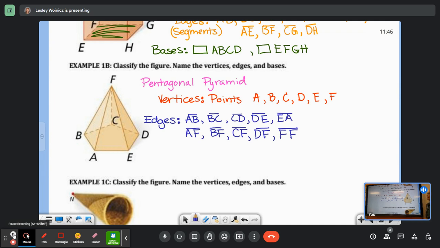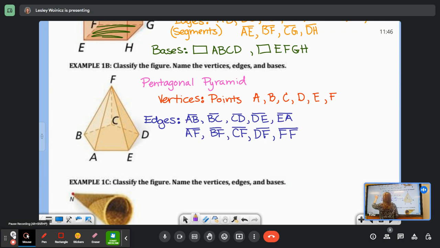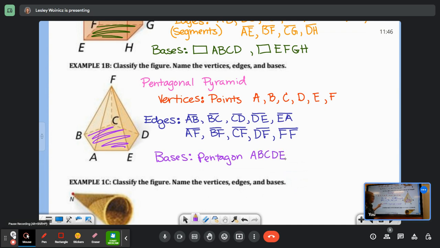All right, what about the bases? How many bases do we have? One. Okay, thank God. Okay, so our bases, we just have one, and it's this guy. So that is pentagon ABCDE.